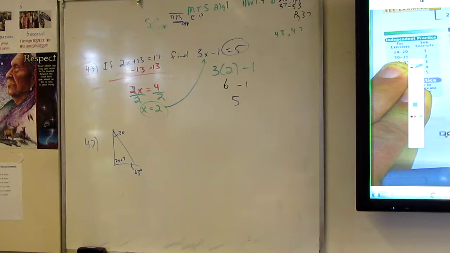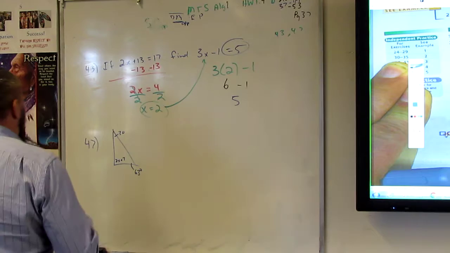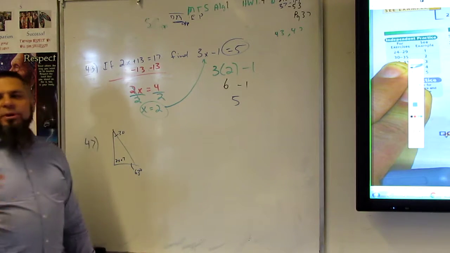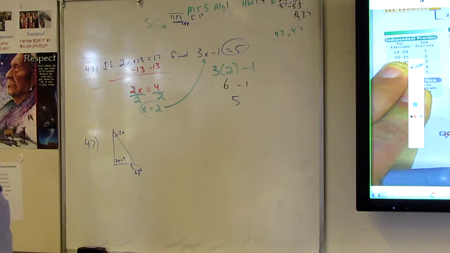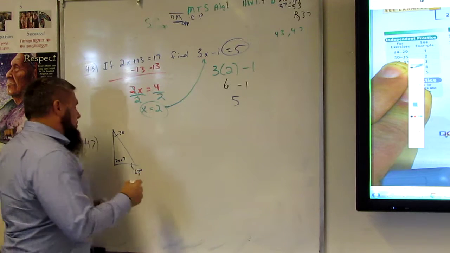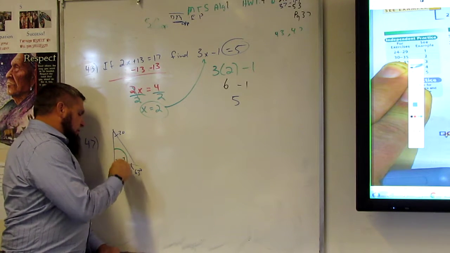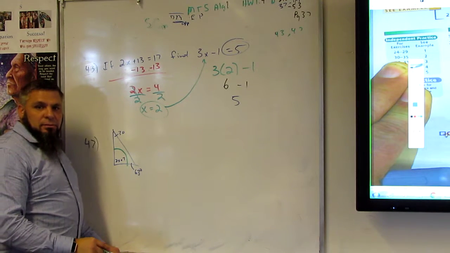We've got 47. Okay? 47. What am I going to do? It says all the angles in a triangle add up to be 180. Right? So how much is this angle? 90.